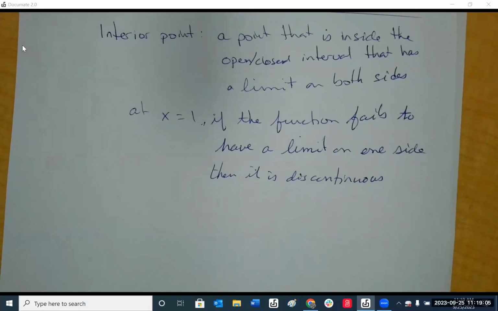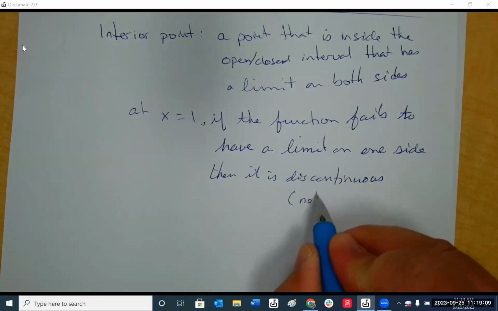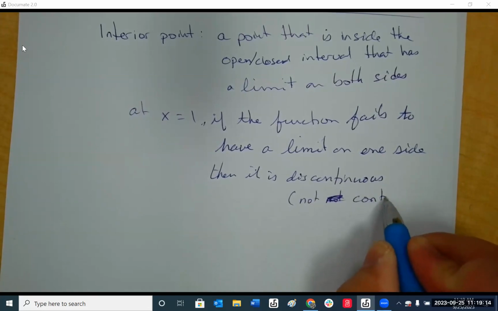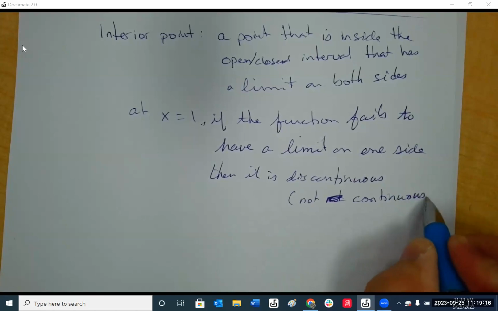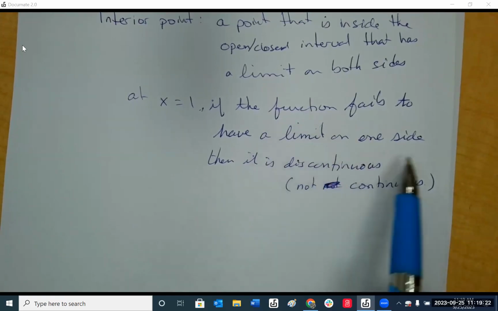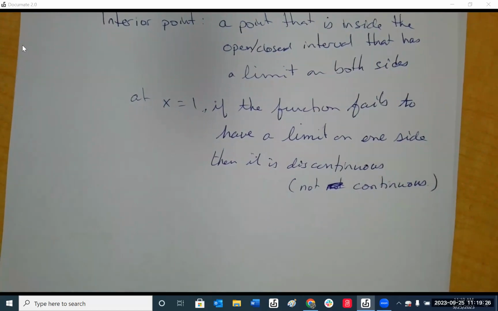I'm not going to use "not continuous"; I'm going to use "discontinuous," because what the book a lot of times uses is "not continuous." This is going to be an important thing. If it fails to have a limit on one side, only one side, and the other side doesn't, then it's discontinuous.